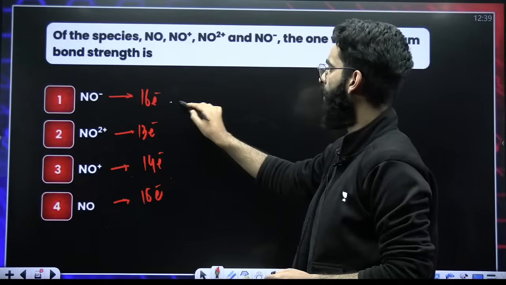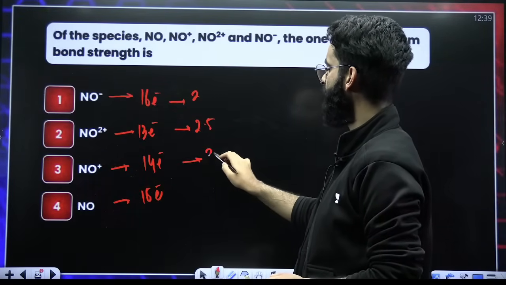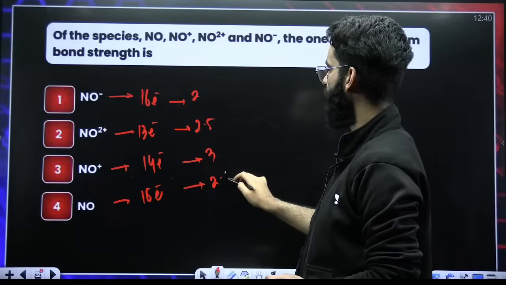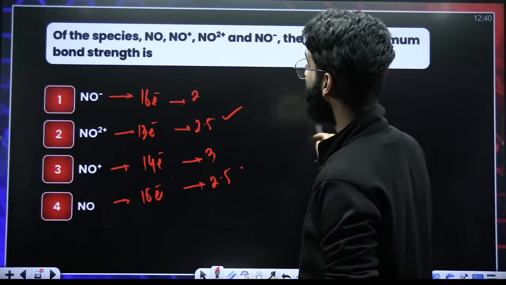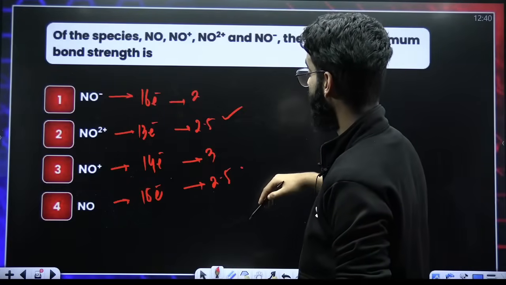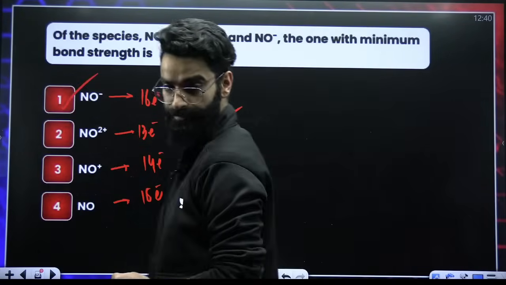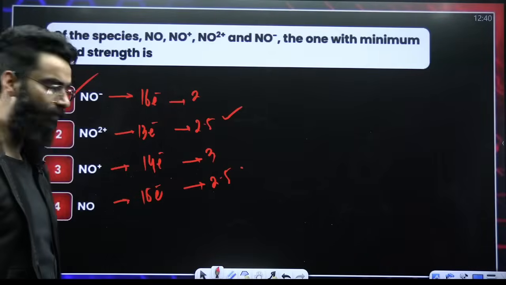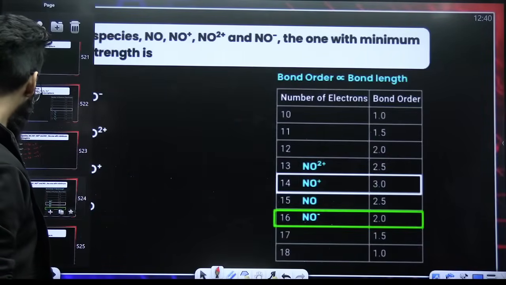Bond orders are 2, 2.5, 3, 2.5. Minimum bond strength means minimum bond order, so it is NO negative here.